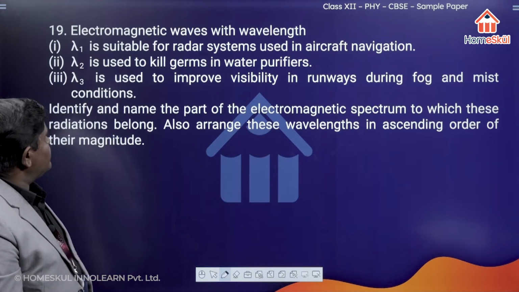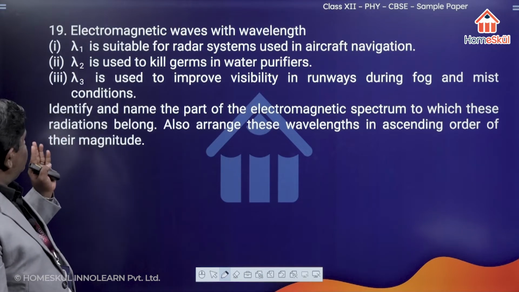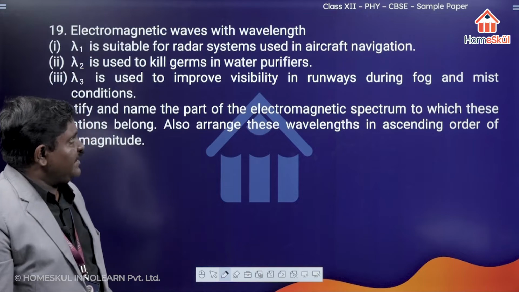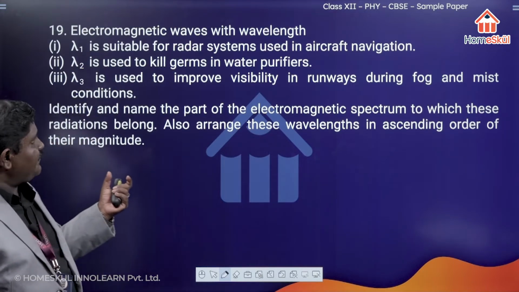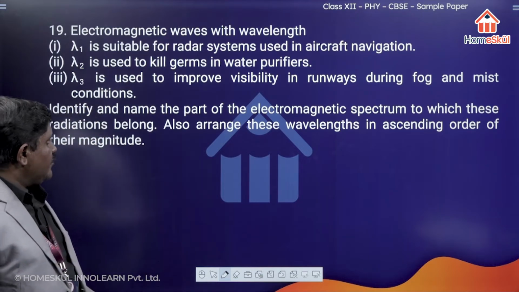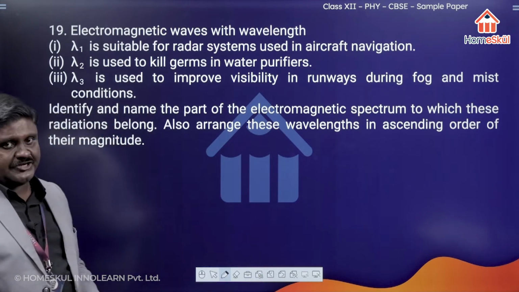Lambda 2 is used to kill germs in water purifiers. Lambda 3 is used to improve the visibility in runways during fog and mist conditions. Identify and name the part of the electromagnetic spectrum to which these radiations belong. Also, arrange these wavelengths in ascending order of their magnitude.